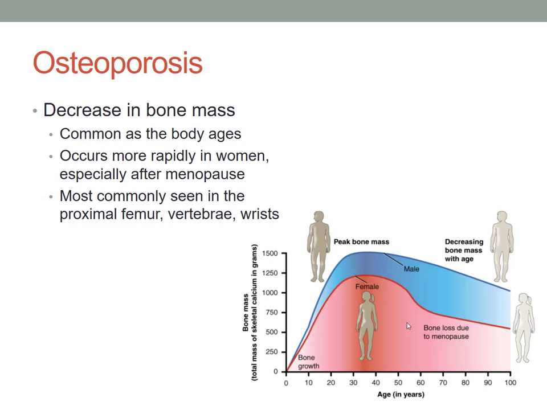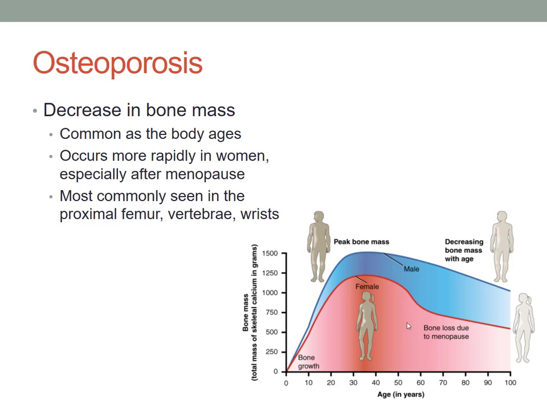And this is why, with it most commonly seen in the proximal femur, we have elderly people, especially women, with hip fractures. Oftentimes we never really know from the field what happens when we see somebody with a hip fracture. We think maybe they fell and then fractured their hip.